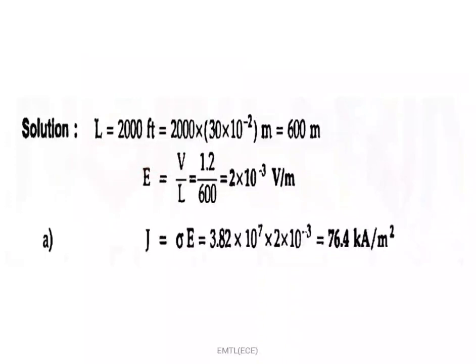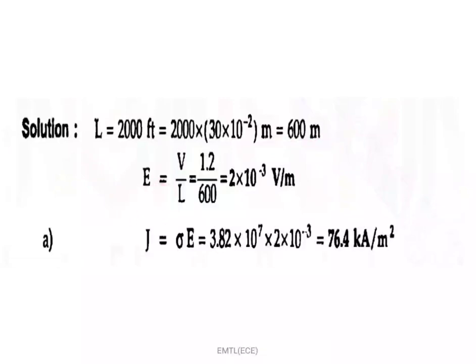So let us discuss the solution. Here, this is the length of the aluminum feeder, which is given in feet. To convert to meters, we multiply 2000 feet by 30 into 10 power minus 2, which gives 600 meters.